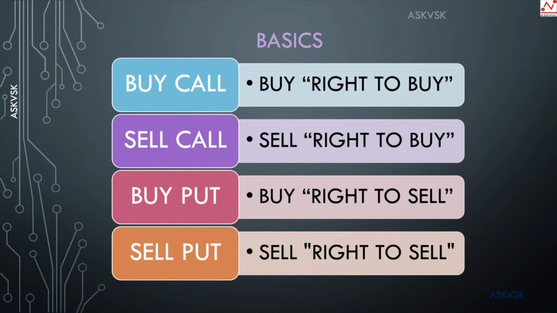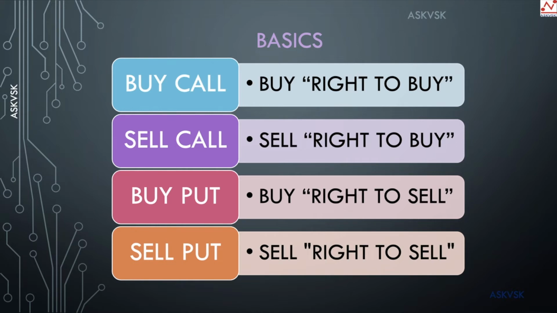I have put a small chart here for you to understand it better. What does buying a call option mean? Buying a call option is buying the right to buy something, and selling the call option means selling the right to buy something.